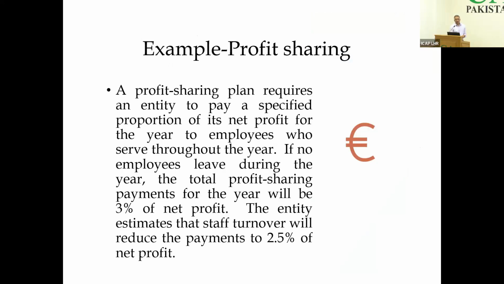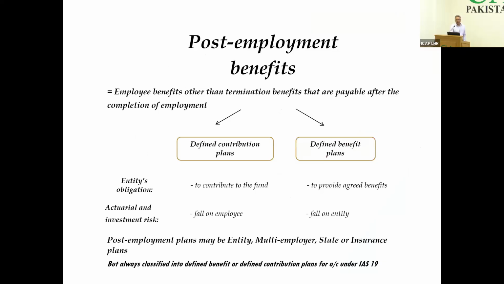And then there is a profit sharing plan. If the company has a declared profit sharing plan or certain statutory profit sharing plans like WPPF, at the end of the year you create a provision by debiting expenses or addition to asset and crediting your provision or payable balance.